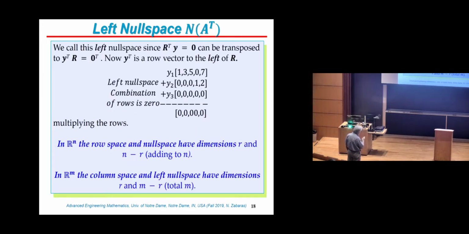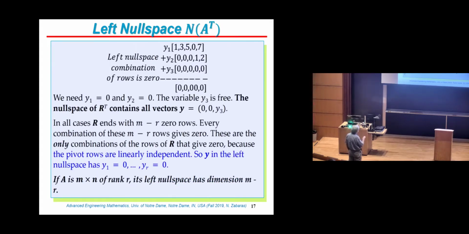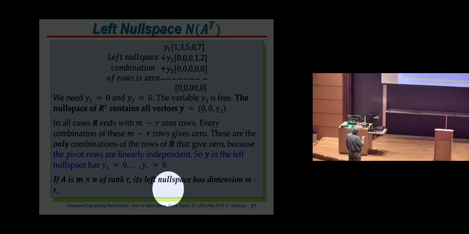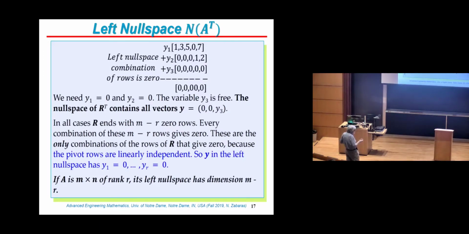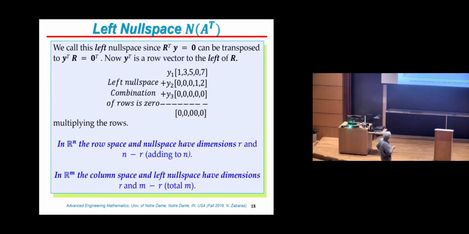So the dimension of the left null space is m minus r. And it's easy to remember. What is m minus r? It is how many 0 rows I have when I finish the elimination. That's the dimensionality of the left null space.